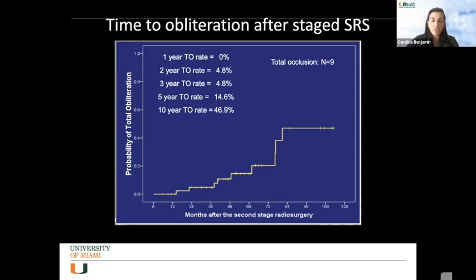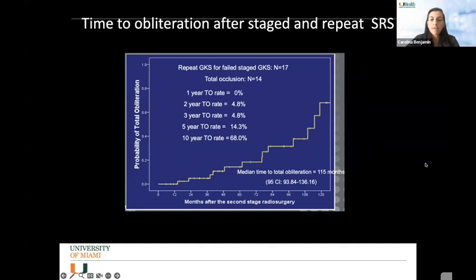There's still radiobiological effects going on in that 3rd to 4th year. So you can wait another year and repeat an angiogram versus talking to the patient about another repeat gamma knife procedure. And the median time to obliteration here for the repeat gamma knife is about 115 months.